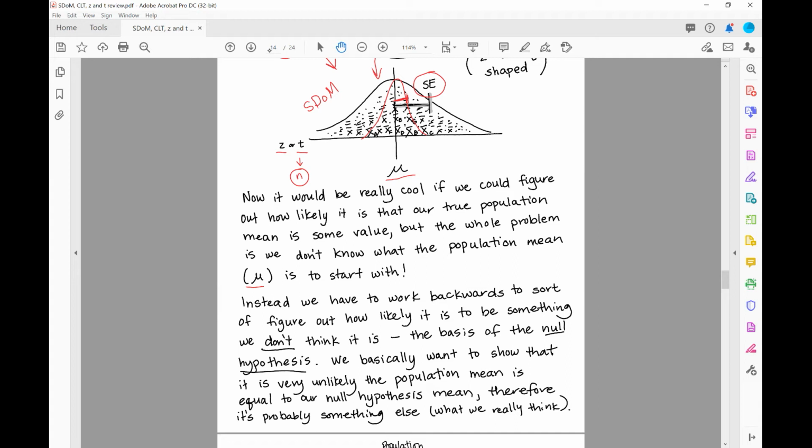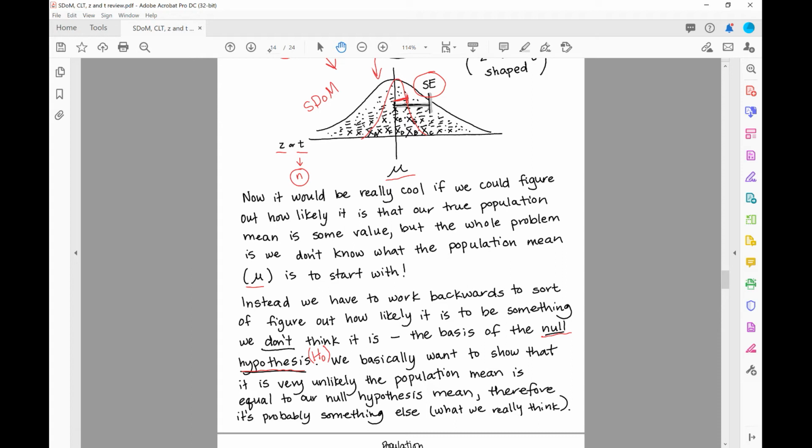So we sort of figure out how likely it is that our mean is something that we don't actually think it is. And that thing that we don't actually think it is, that's the basis of our null hypothesis. As a reminder, we use this little abbreviation H0 or H sub 0. That's just shorthand for null hypothesis. So first we think about, well, what do we think is not true? What do we think is not happening here?